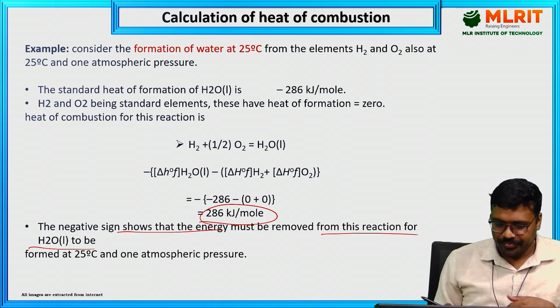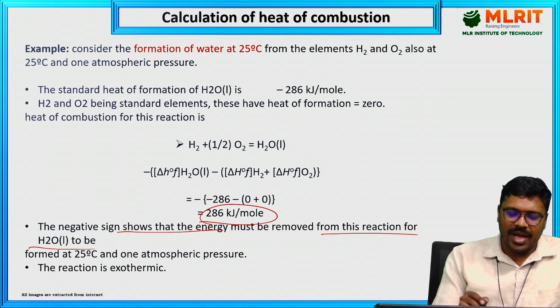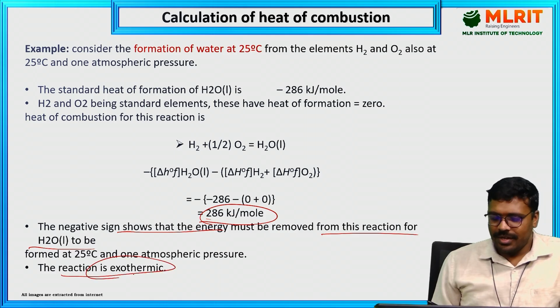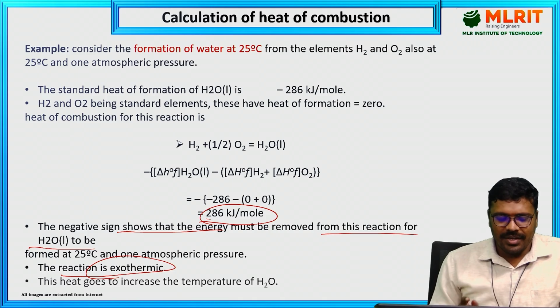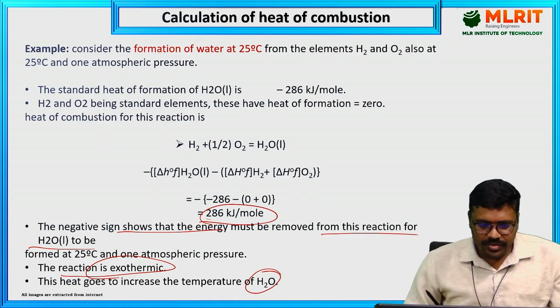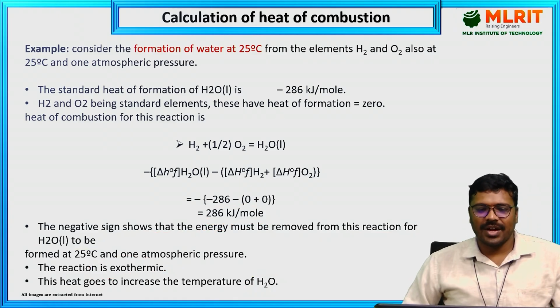As 286 kilojoules per mole is generated, this reaction is called an exothermic reaction, and the heat goes to increase the temperature of H2O. So this is about the heat of combustion and heat of formation.